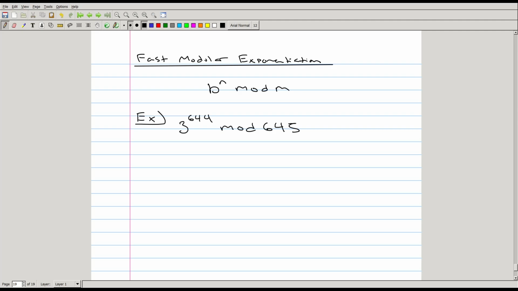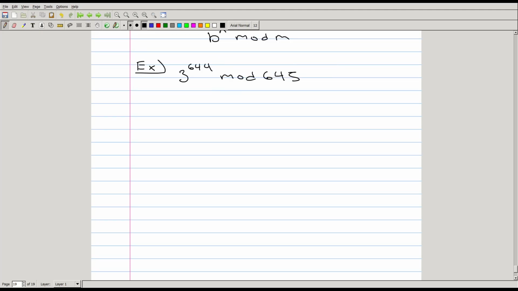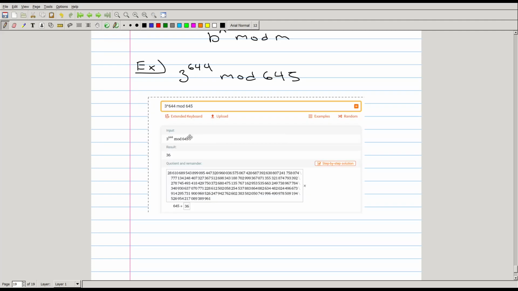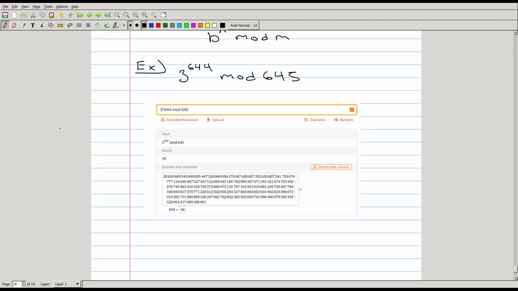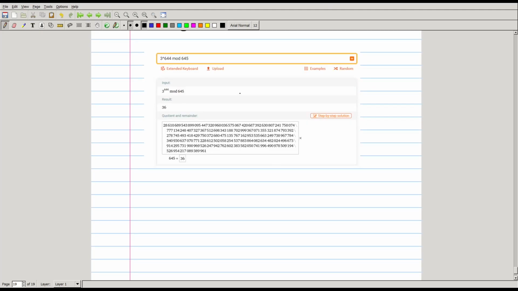and I'm not recommending you by any means try this by hand. If you use a calculator to solve for this, what you end up getting is that the value is going to be 36, but it's going to have a quotient of this right here times 645 plus 36.